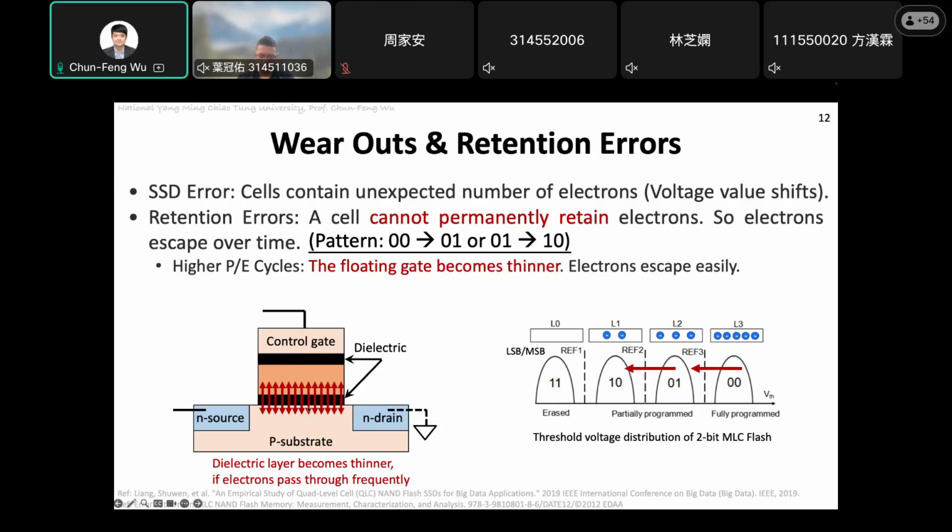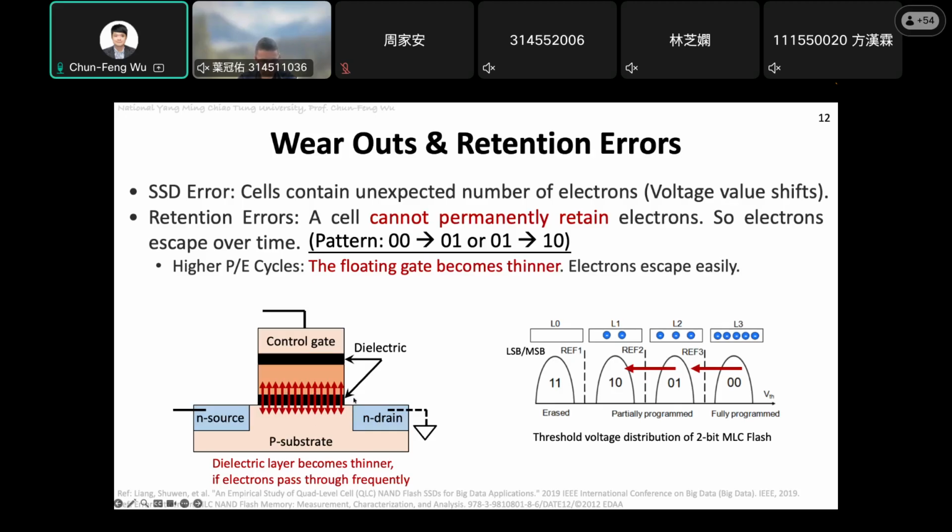This dielectric layer is actually chemistry. If you leave it for 2 years, 3 years, or even more, it will become thinner and thinner, because there are compound materials inside that become volatile.